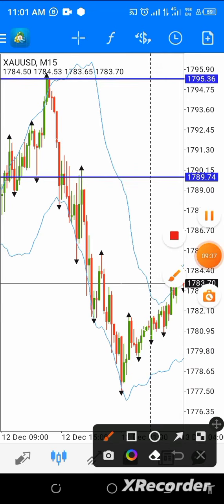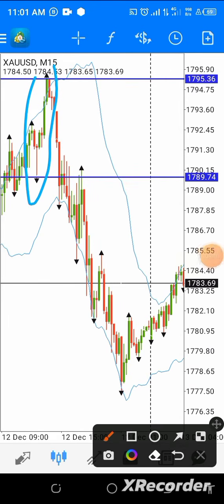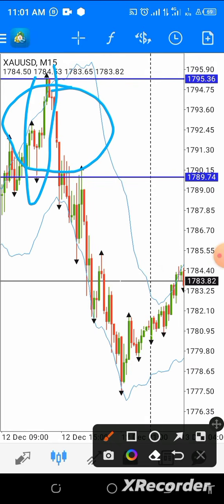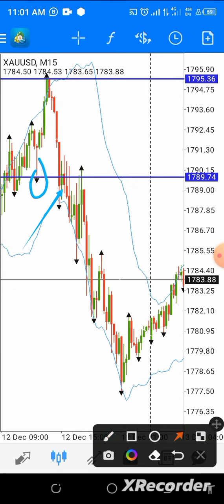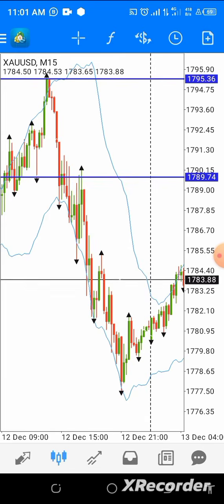Inside this place is your consolidation area. You don't do anything. Whenever you see any price action that breaks this recent fractal, this is where you are going to enter your sell order, and the market will continue to go in your favor.